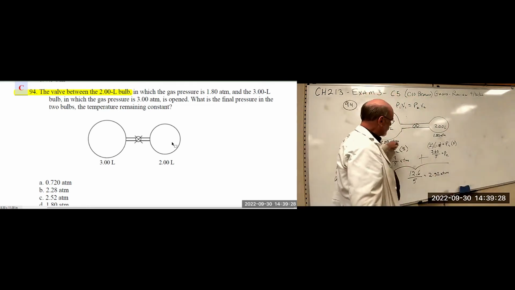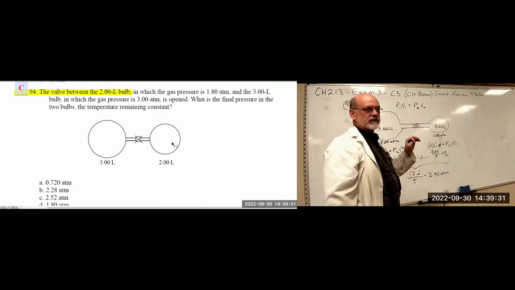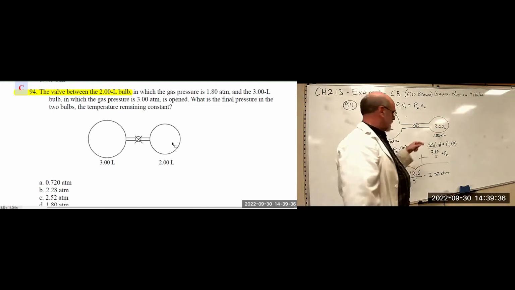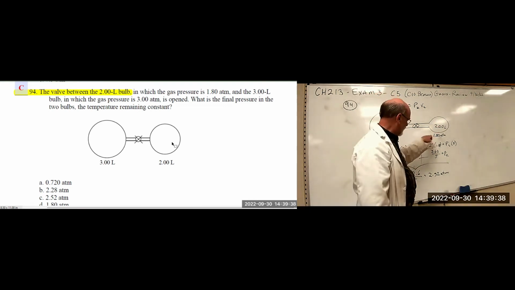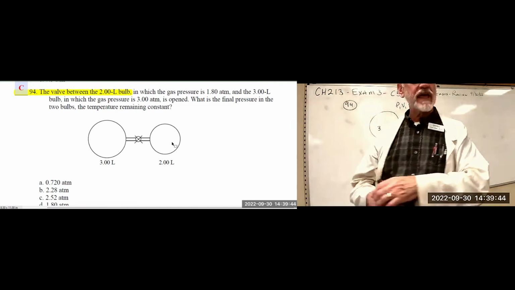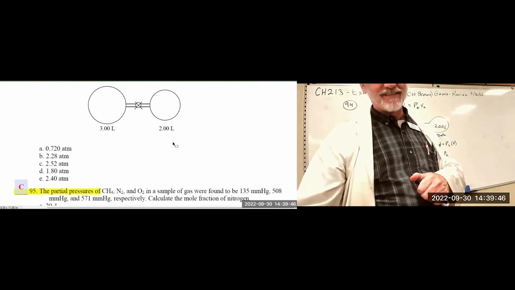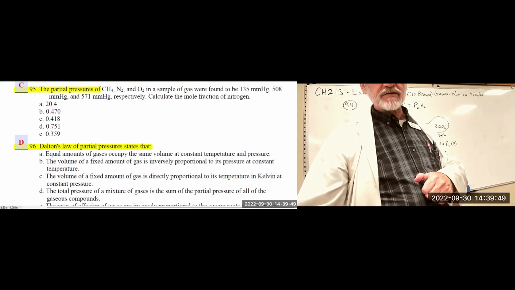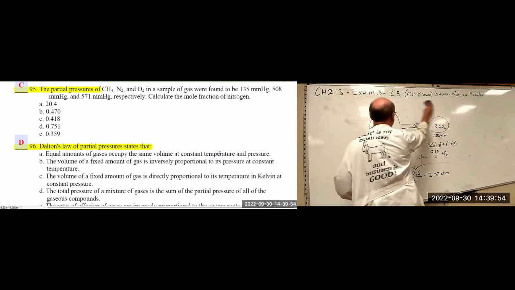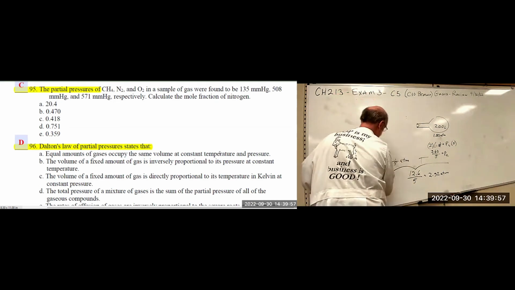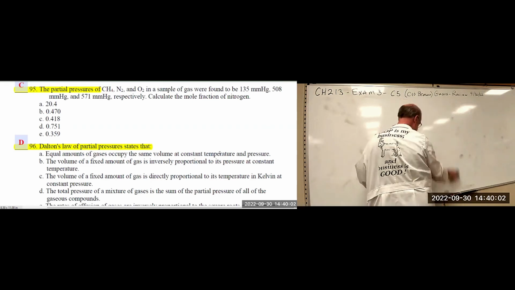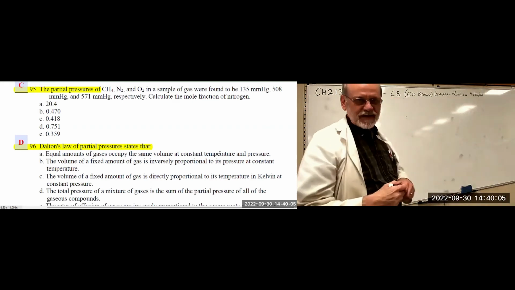If this one's got 3 atmospheres pressure and that one's got 1 atmosphere pressure, which way is the gas going to move when you open the valve? It's going to go that way until it reaches a pressure less than that and greater than that. So that's reasonable, and it's one of the answers too. If I could just get my formulas right.